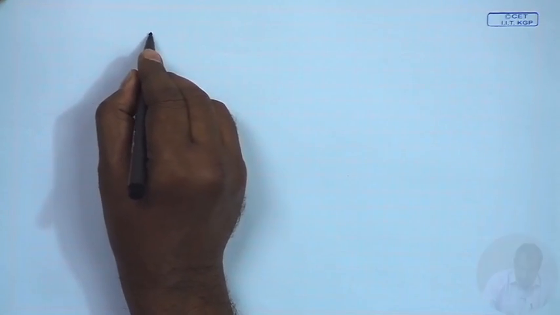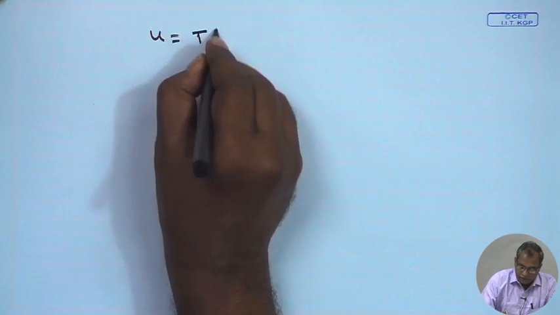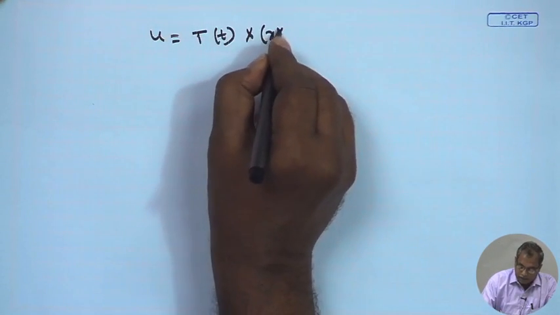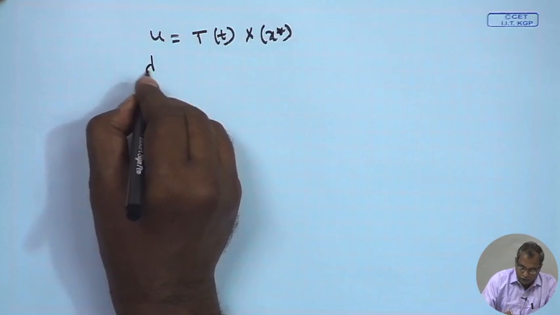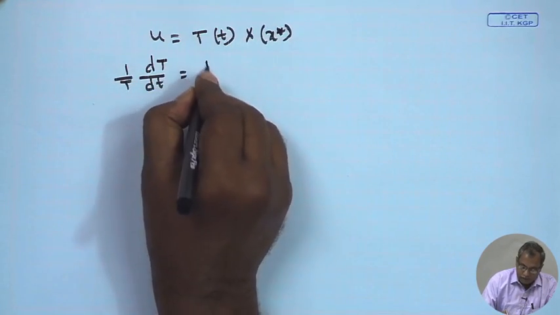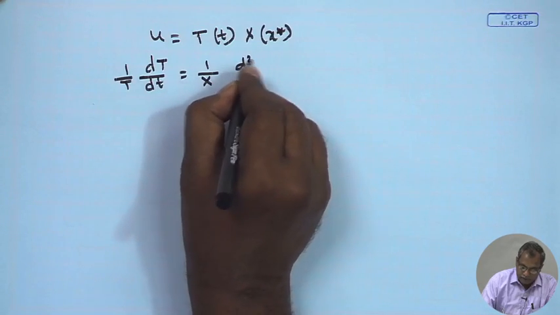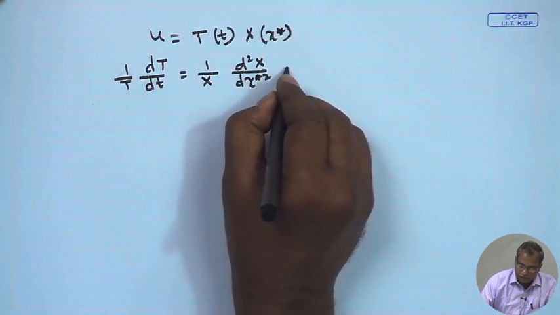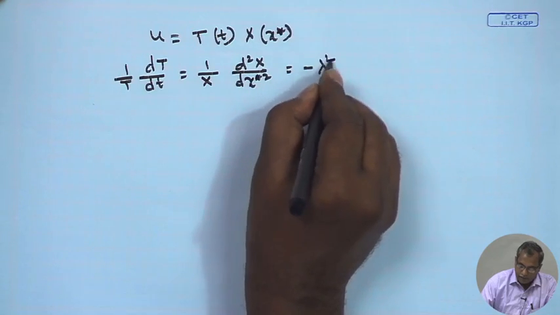So, u is equal to a function of time and function of space. So it will be 1 over T dT dt is equal to 1 over X d square X dx star square, that will be equal to minus lambda square.